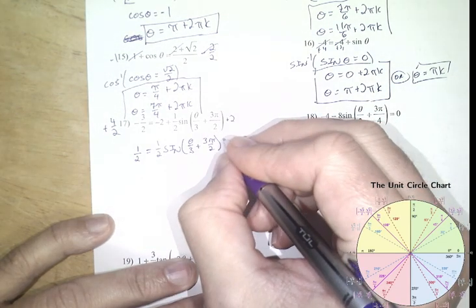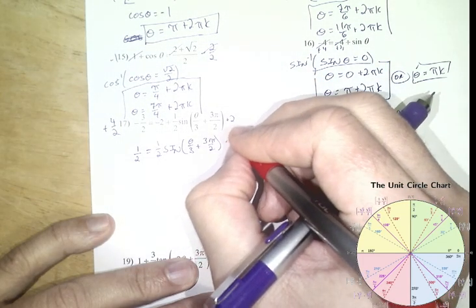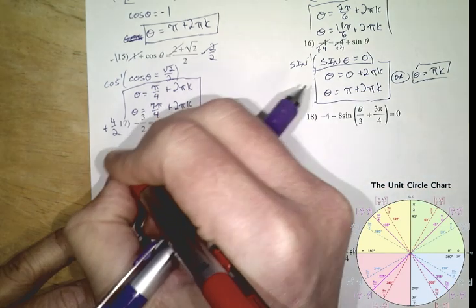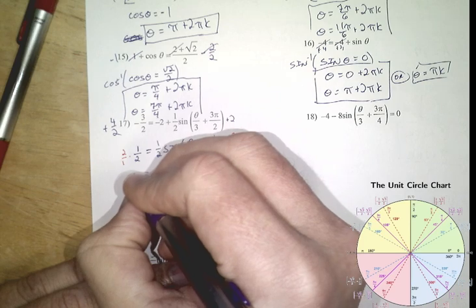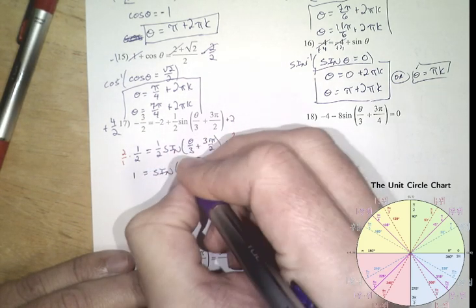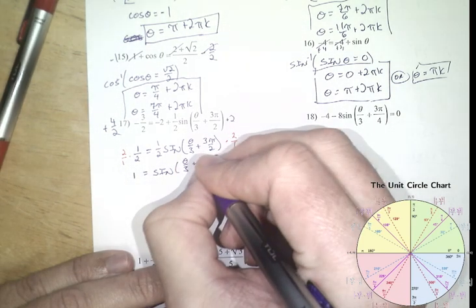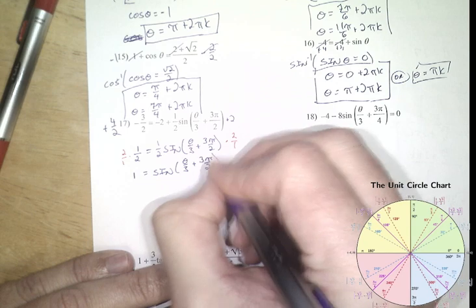Multiply both sides by 2 over 1. So 1 is equal to sine of theta over 3 plus 3 pi over 2.